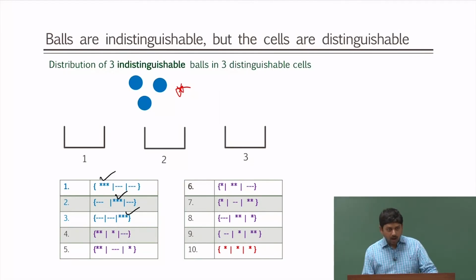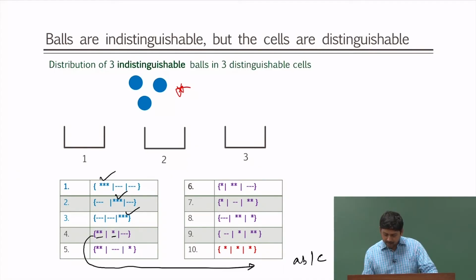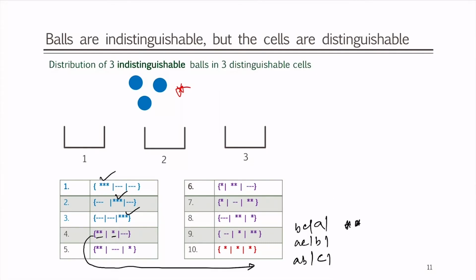But earlier I had other situations. So, for example, here I have 2 particles here and 1 particle here. Now, earlier I had more situations here. I had A B and C, I had A C and B, I had B C and A. But they all collapse to only one possibility, because if they are all stars, then it is the same as star star, this also will be star star star, this also will be star star and star.